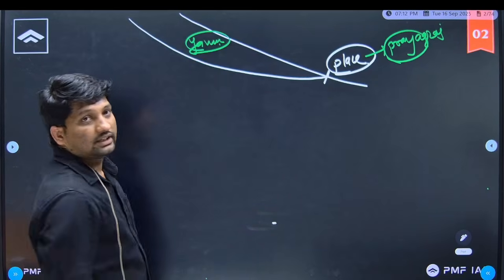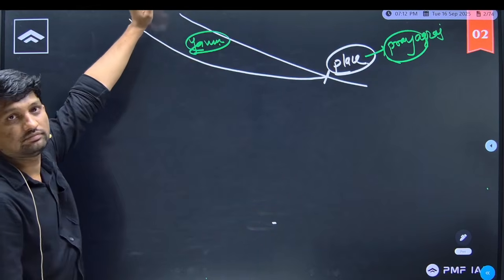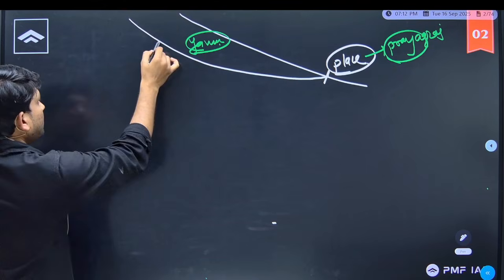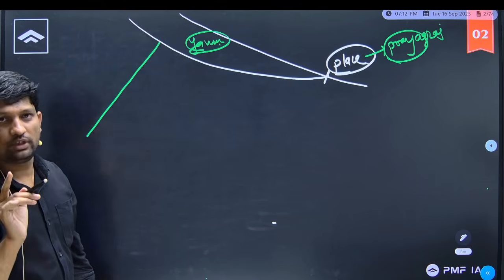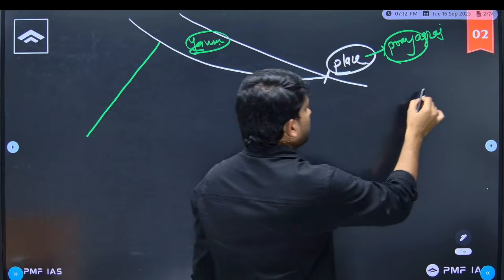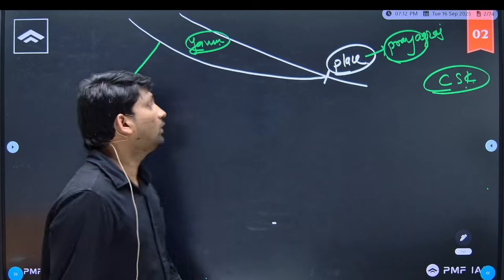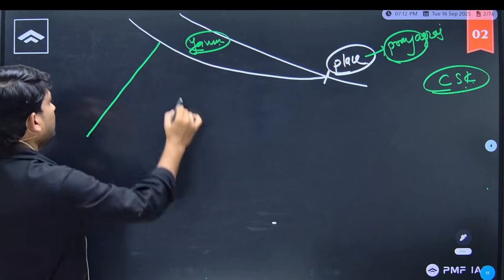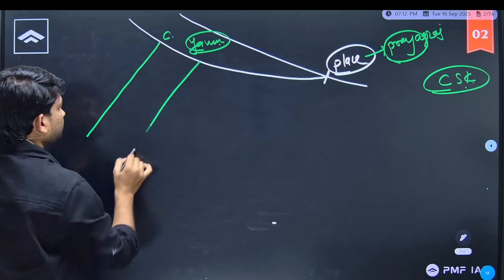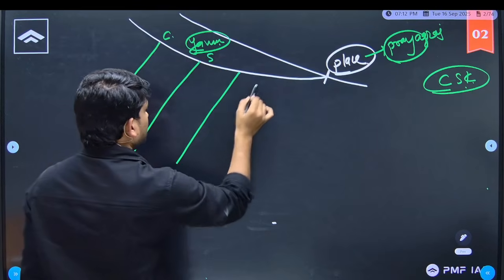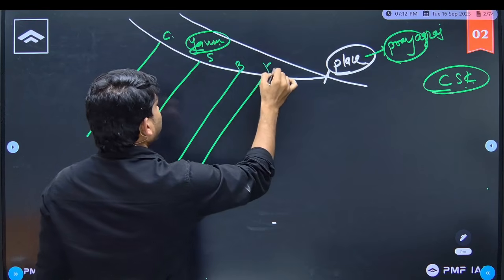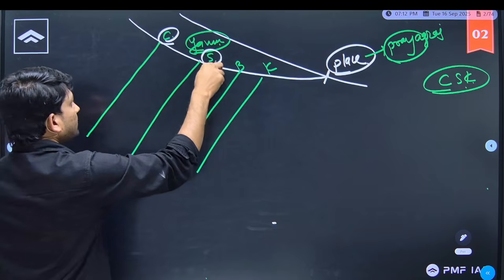So this is the Yamuna river. Can you tell me the tributaries of the Yamuna? Do you know the team CSK, Chennai Super Kings? All these are tributaries of the Yamuna: Chambal, Sindh, Betwa and Ken. CSK.